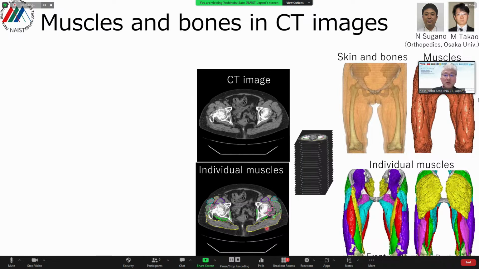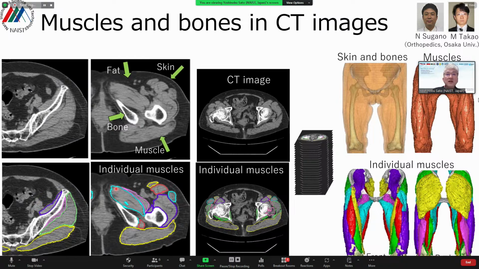Two-dimensional contours of each muscle region are overlaid. But still, you are not very familiar with this kind of thing. This is one slice image. If we stack these images in 3D, we can reconstruct the three-dimensional structures of muscles and bones.